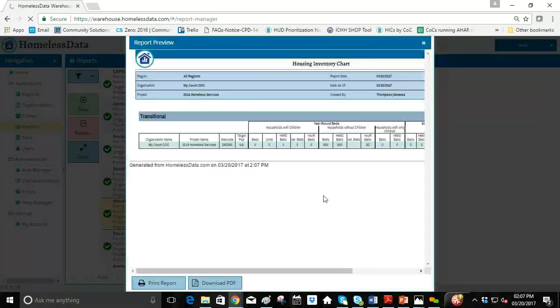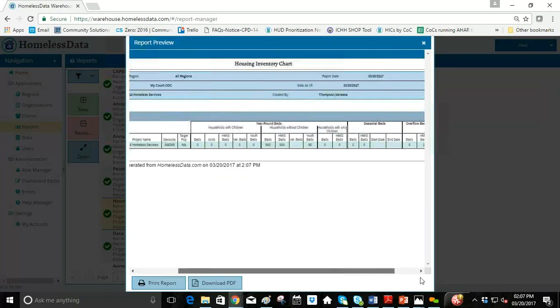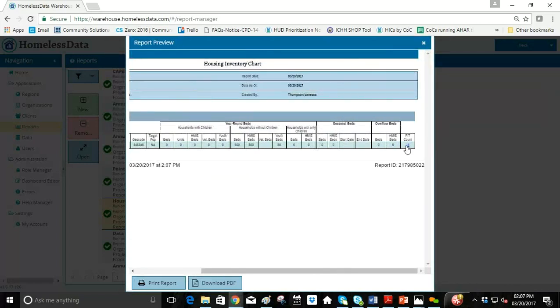If you're an administrator, it does include the bed counts for permanent housing projects, whereas you're not going to get that on the point-in-time report for permanent projects. The point-in-time report is only for emergency and transitional. But if you want to know the counts for your permanents, it'll be right there on the right. And there is a drill-down ability, but let's not click on that.